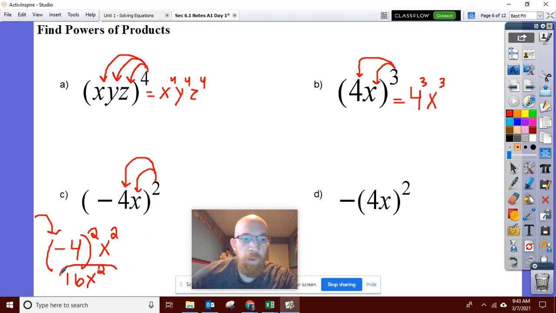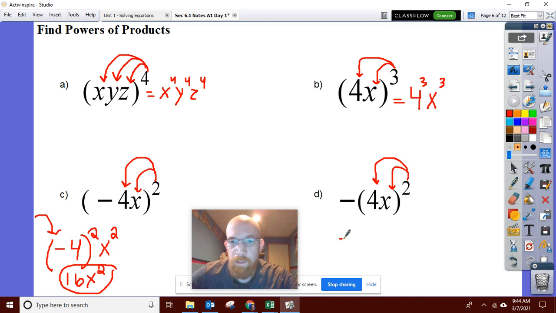Okay. The reason why I wanted to do that one is because this one looks really similar, right? If we look over here at D, it looks very similar. The only difference is the negative on the outside of the parentheses. So let's distribute this 2 again to each of the items inside here. So it becomes, again, a negative on the outside. The parentheses this time would fall off. Then we have 4 squared, and then we have x squared. If I'm doing this math, I have 4 to the second power, gives me 16.